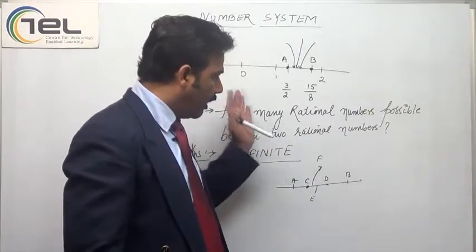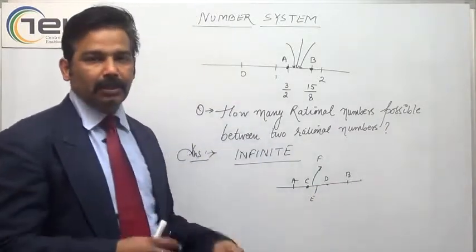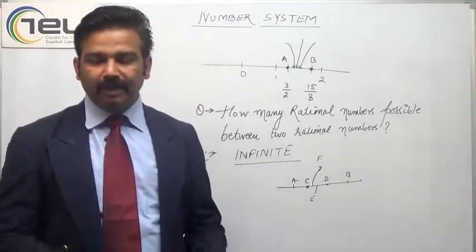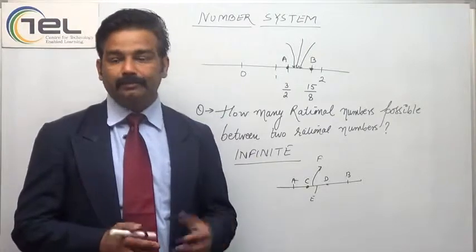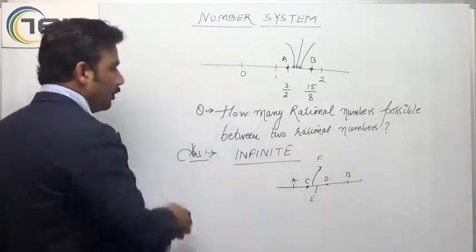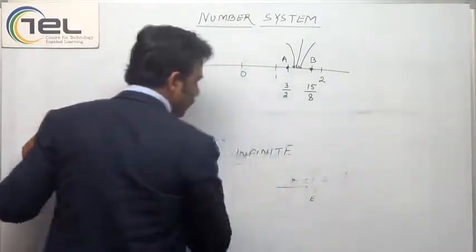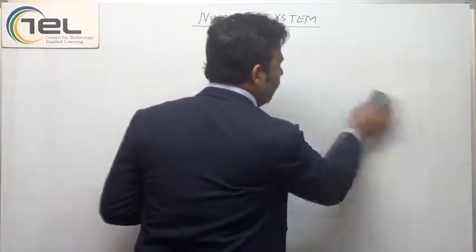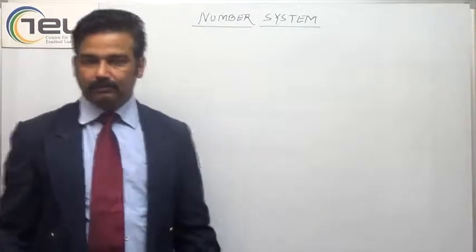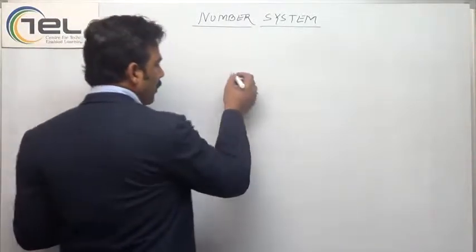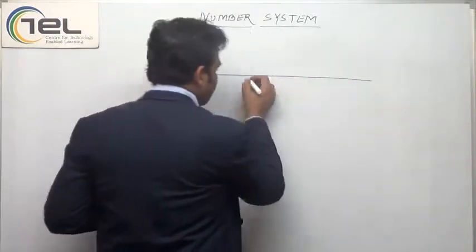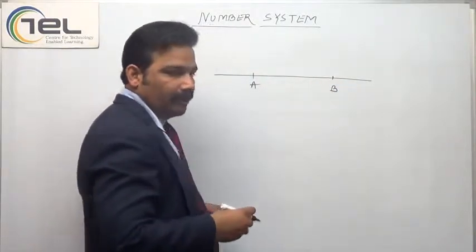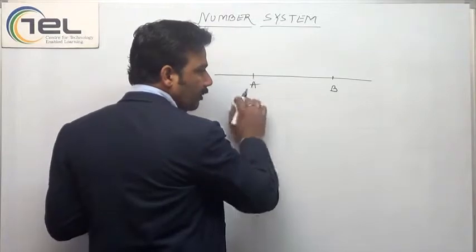We may be given a question: find any three rational numbers between A and B. Let's say this is a rational number A, this is a rational number B. Find a number between A and B.